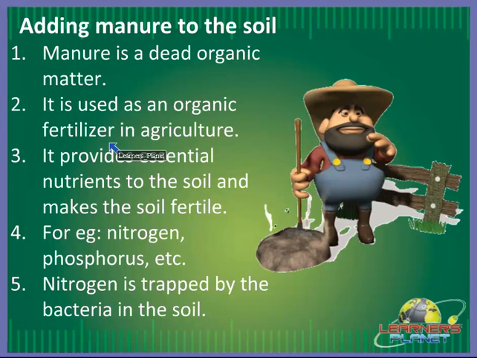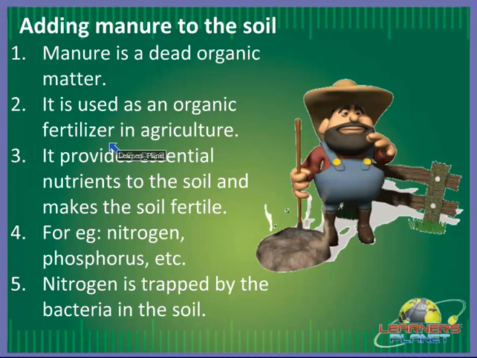The nutrients provided from the dead animals and plants will mix up with the soil and make the soil fertile, right? We call the soil fertile when all the vital nutrients are provided to the soil, right?